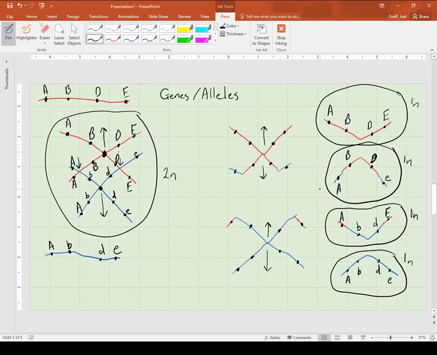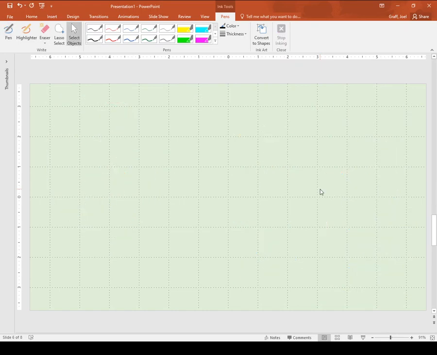Okay, and then another thing that we could talk about is the fact that, I'm going to draw the chromosomes a little bit differently this time. I'm going to draw it a little bit flatter.